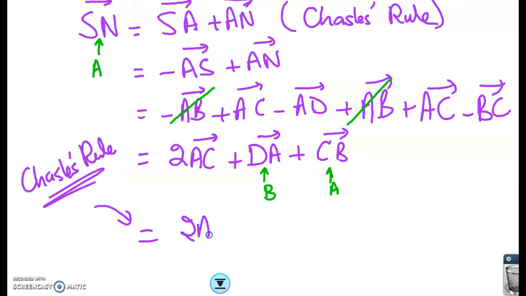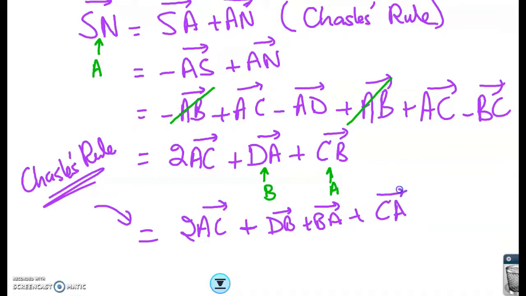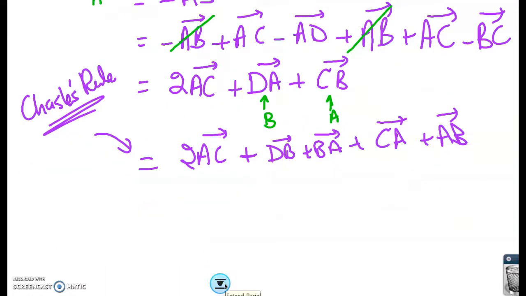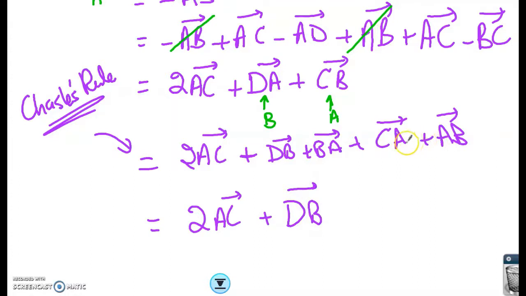So this becomes 2AC plus, so DA is DB plus BA by Chasles's rule, and CB is CA plus AB. So again, 2AC plus CA is 1AC, but I will write it in detail so that it's clear. So this is plus DB. BA and AB gives a 0 because BA plus AB is BB, which is the 0 vector.